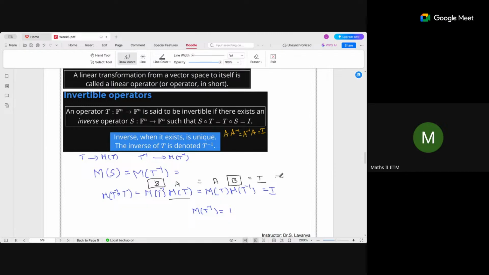So what is B in terms of A? Which matrix has this property? B is the inverse of A, right? Now, instead of B, I have written M of T inverse, and instead of A, I have M of T. Now can you tell the answer?